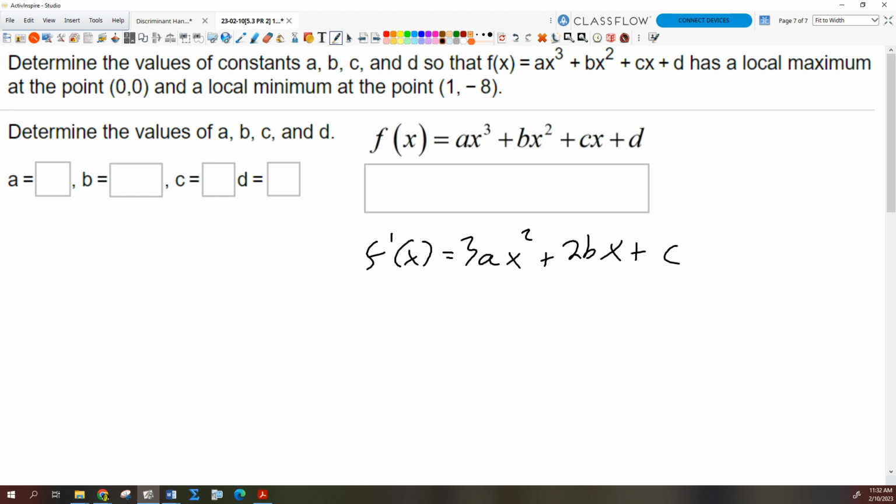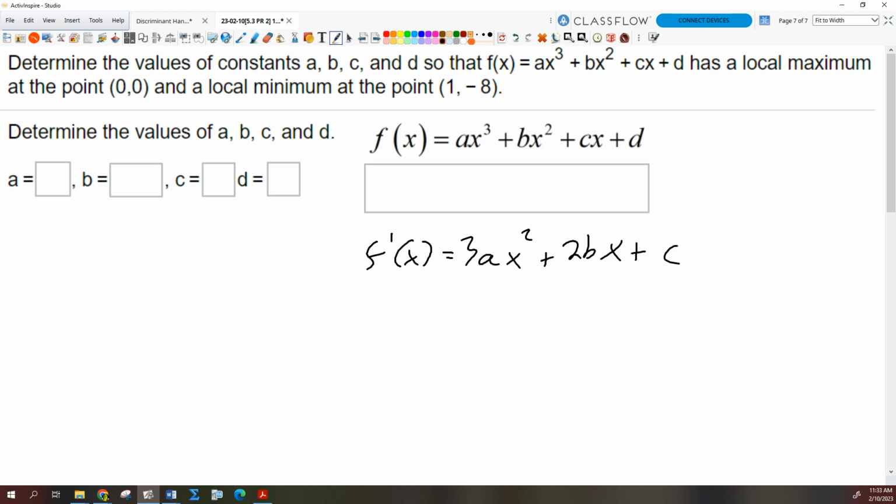Okay. What do you know? Where and why? Critical points.